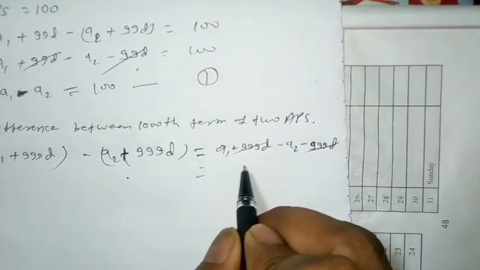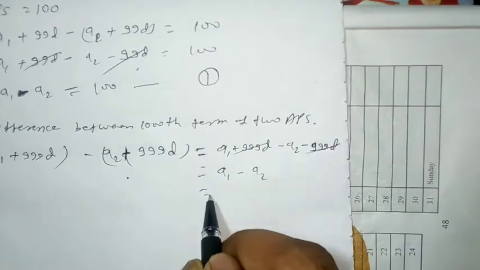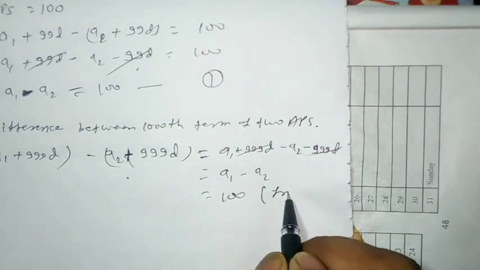A1 minus A2 is equal to 100 from equation 1.